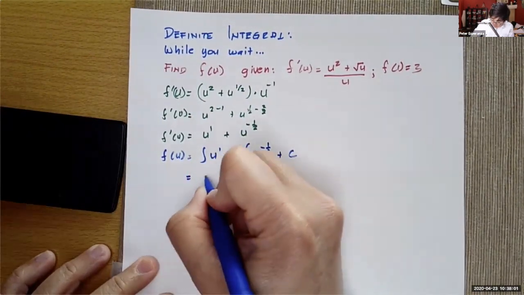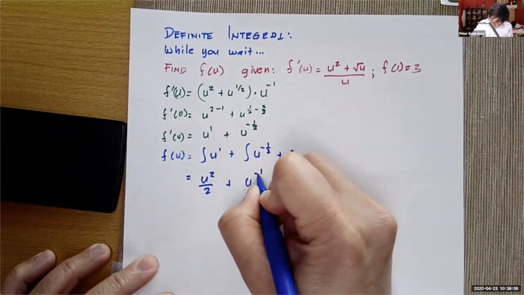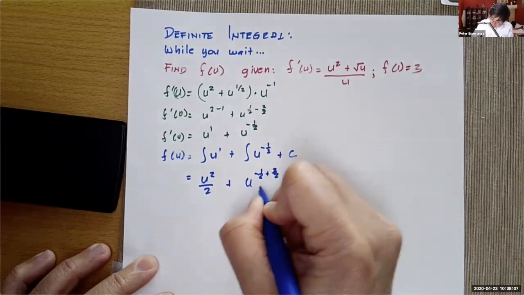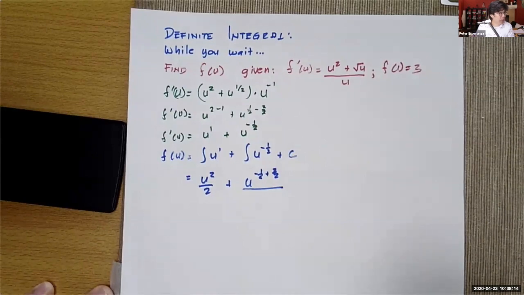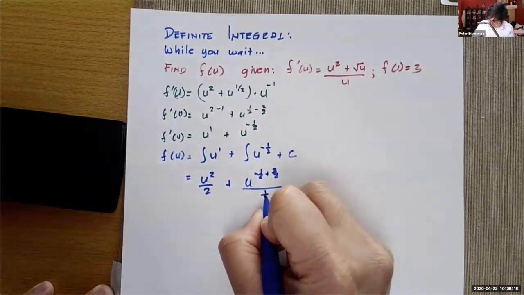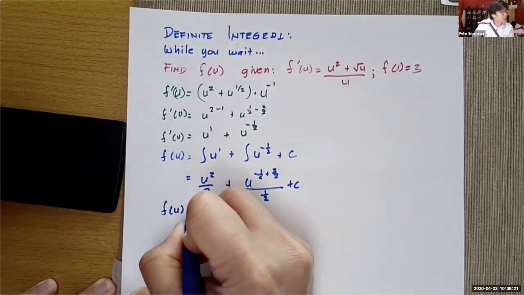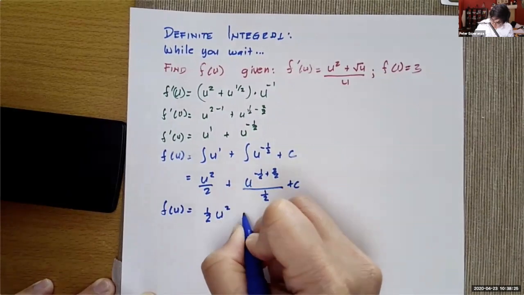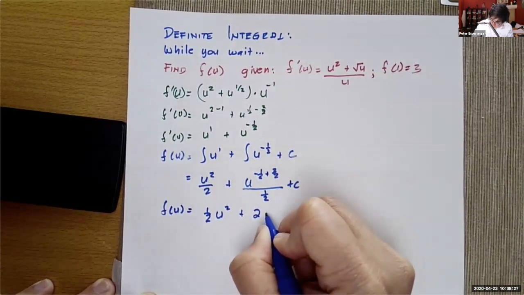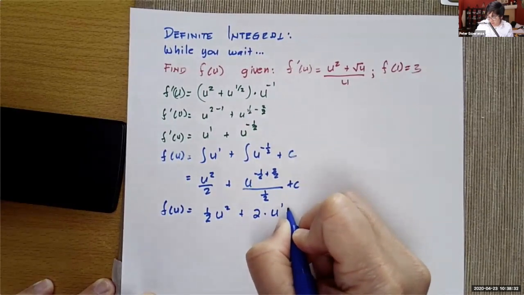So we'll have u to the 2 all over 2 plus u to the -1/2 plus 1 all over -1/2 plus 1. What's -1/2 plus 1? 1/2, right? So our function for f of u is going to be 1/2 u squared plus 2 times u to the 1/2.